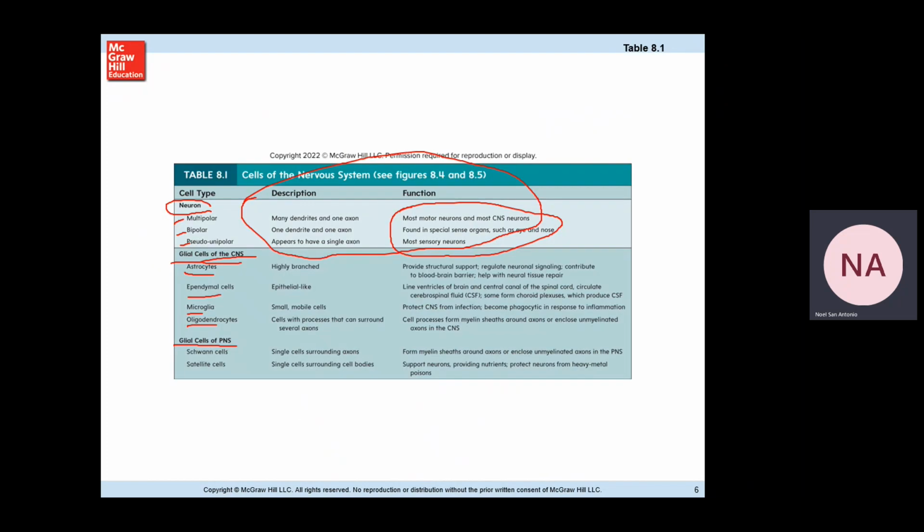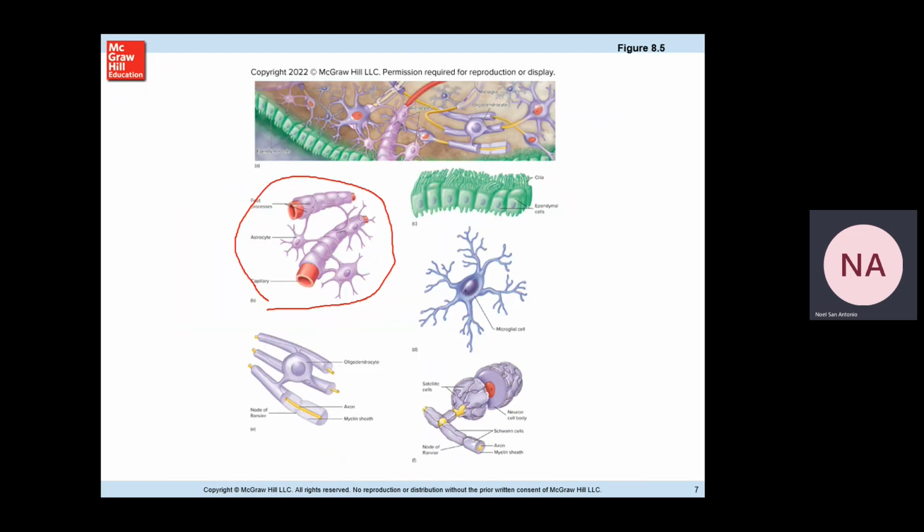Now, if we go back to the table, one of the functions is to form the blood-brain barrier. So what is the blood-brain barrier? The blood-brain barrier is like a membrane that selectively filters the chemicals that can enter the brain circulation, because not all chemicals can enter the brain circulation.